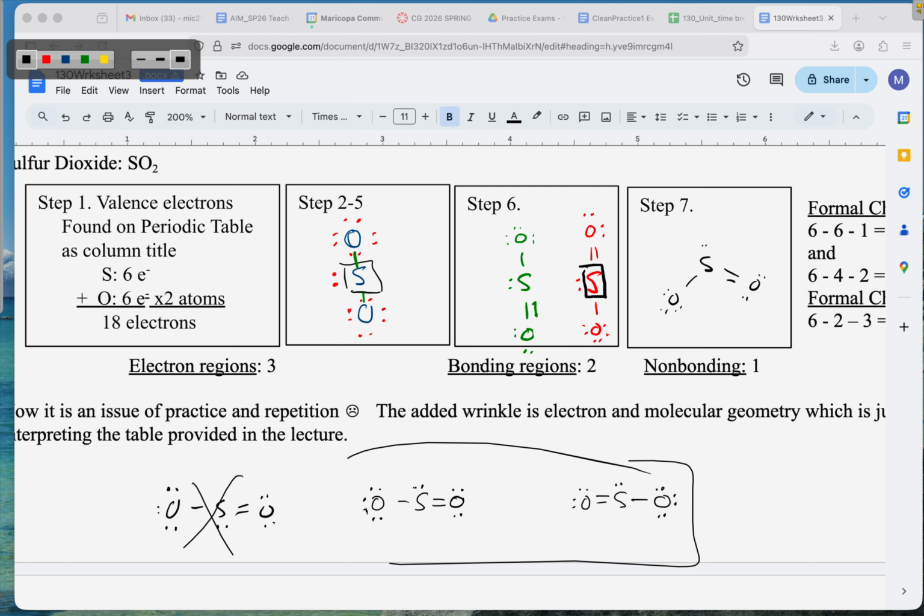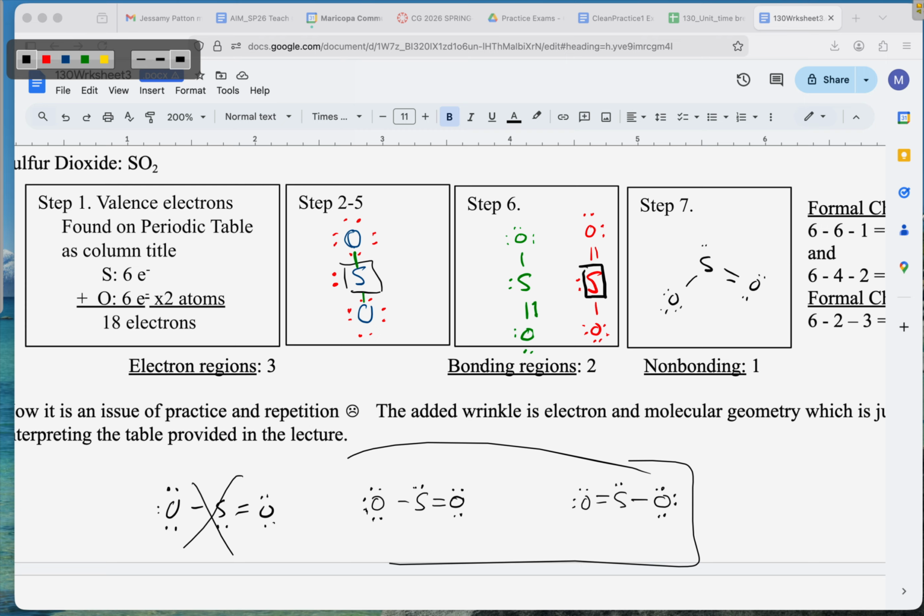But if we look at the oxygen, we have 4 regions of electrons.